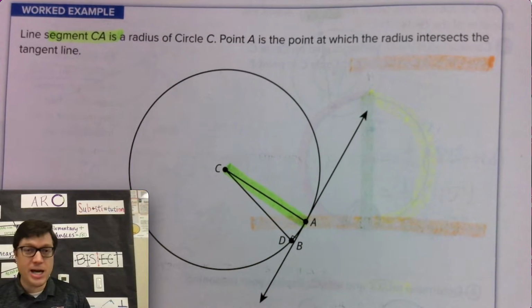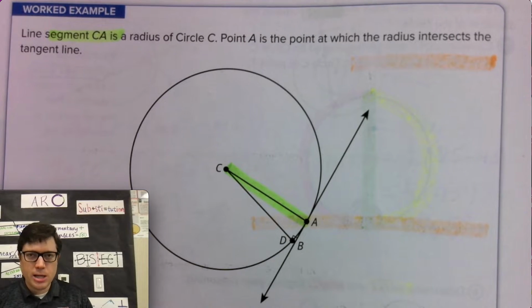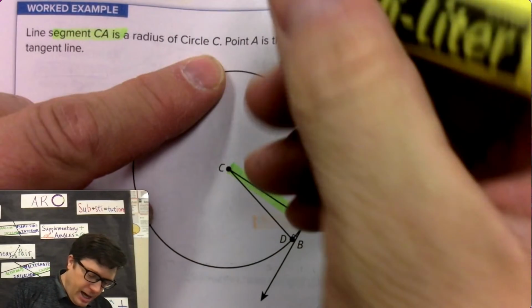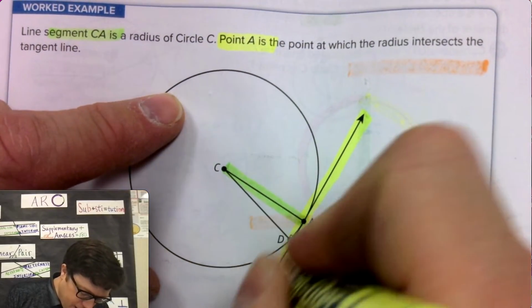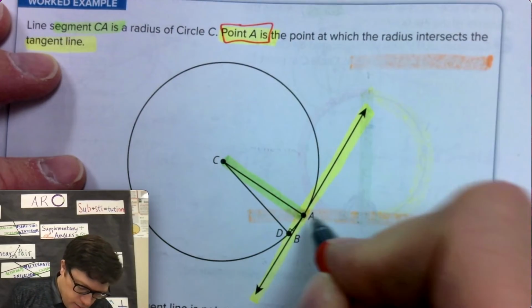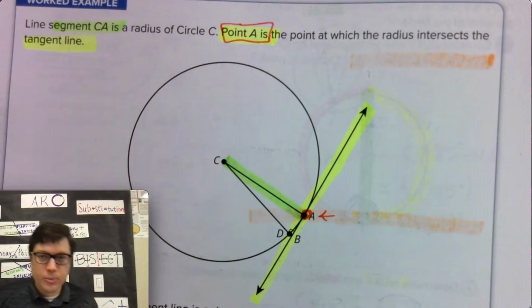Annotate, have some highlighters. Annotate means to process the information that we're given. Point A is the point at which the radius intersects the tangent line. So I might even try to add some extra layers of color. Point A, right there. Okay.